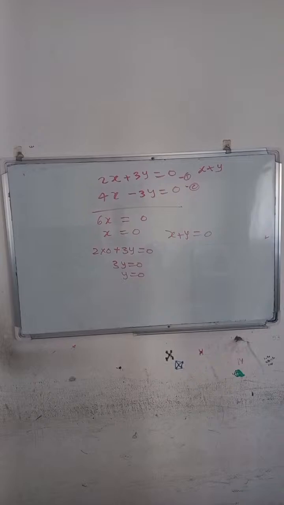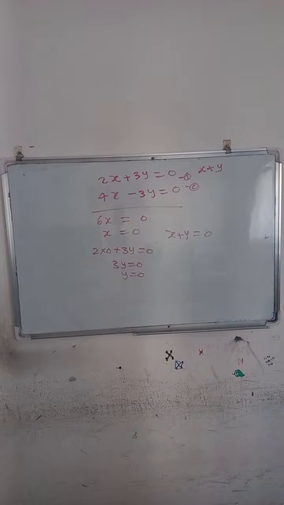If 6 comma k is a solution of the equation 3x plus y minus 22 is equal to 0, then find the value of k.